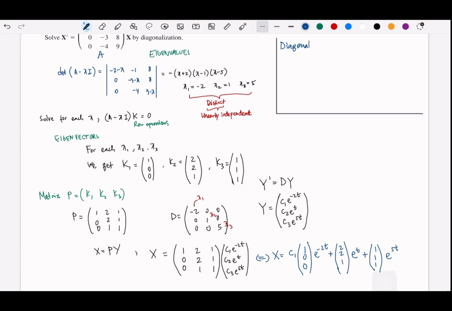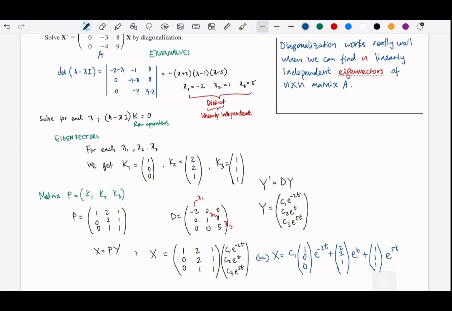Diagonalization works really well when we can find n linearly independent eigenvectors of the n by n matrix A. And remember, the eigenvalues could be distinct, could be repeated, or could be complex.